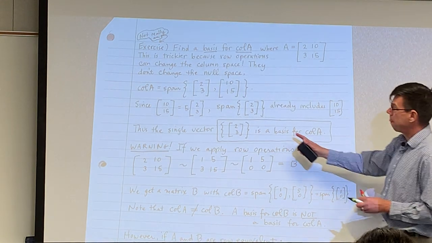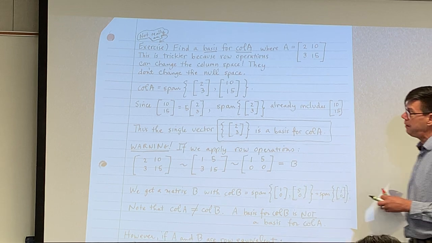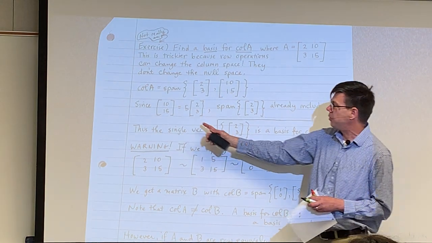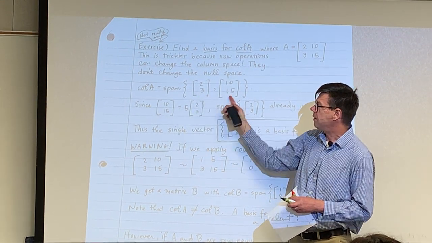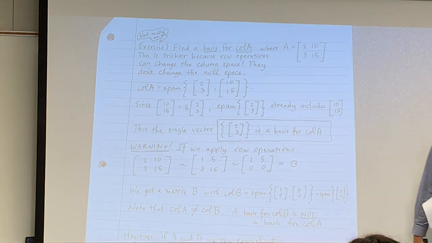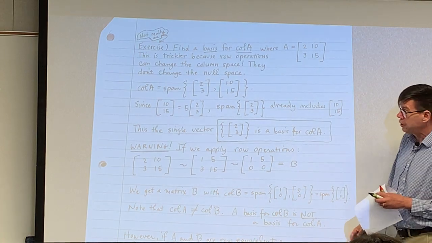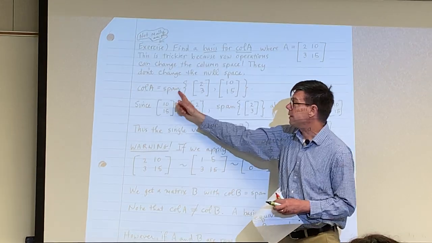Here, though, column space of A means the span of those two columns. Those are the columns of A. And just notice, in this example, 10, 15 is a scalar multiple of 2, 3. So those two columns are not linearly independent, right? That's a dependent set. So I actually could express this in a simpler way.